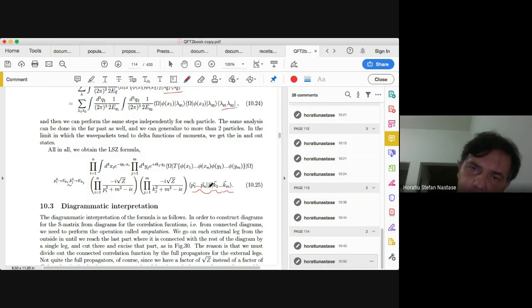So this S matrix is actually the product of the in and out states with corresponding momenta, right?